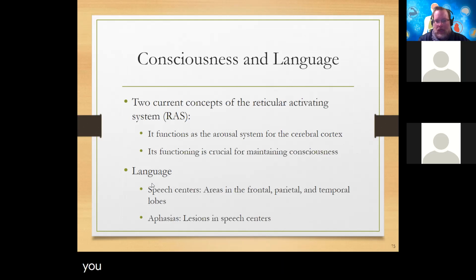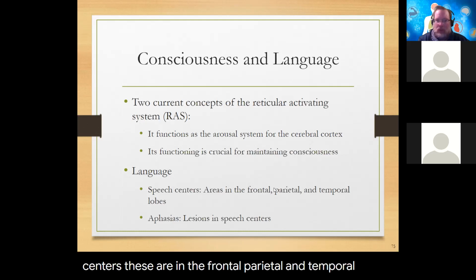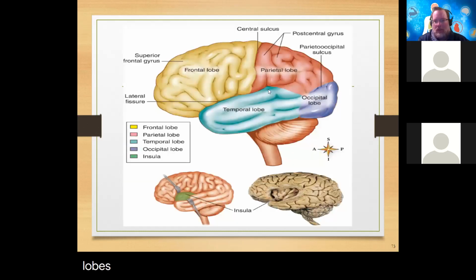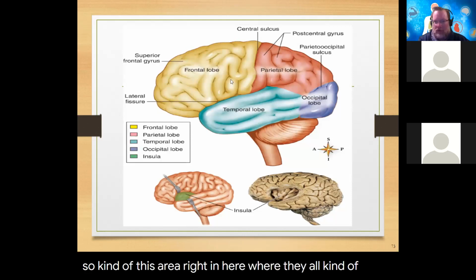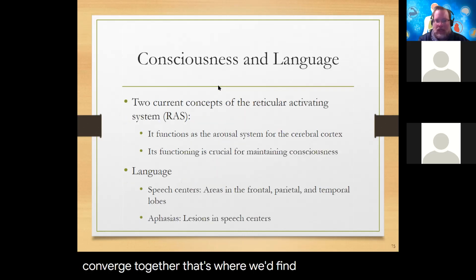And language areas, we have what are called the speech centers. These are in the frontal, parietal, and temporal lobes. So this area right in here where they all converge together, that's where we'd find our language and speech areas.